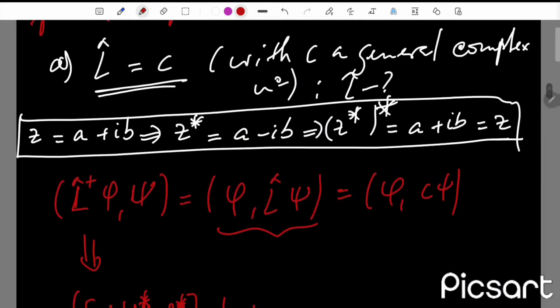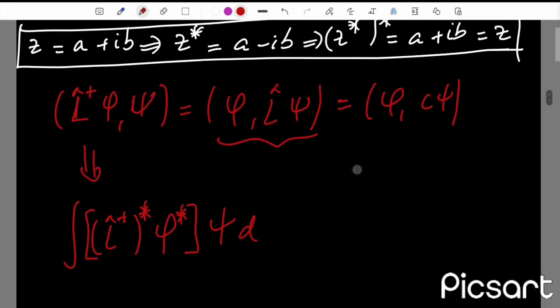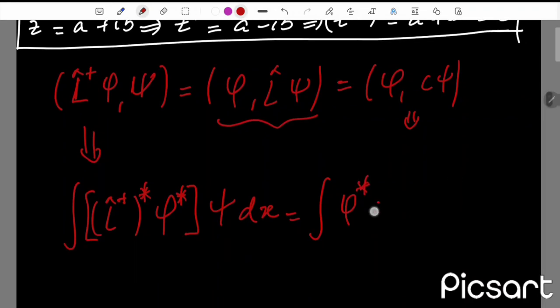Here we can consider, for example, we are working in the x direction, and we have dx, and this term is equal to the integral of phi complex conjugate times c times psi dx.